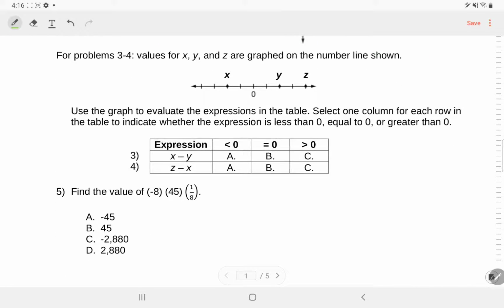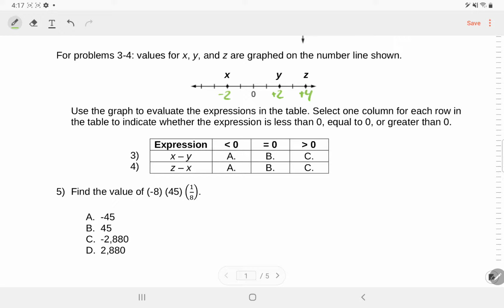For problems 3 and 4, values for x, y, and z are graphed on the number line shown. We can see that x is -2 on the number line, y is +2, and z is +4. Use the graph below to evaluate the expressions in the table. Select one column for each row in the table to indicate whether the expression is less than 0, equal to 0, or greater than 0.